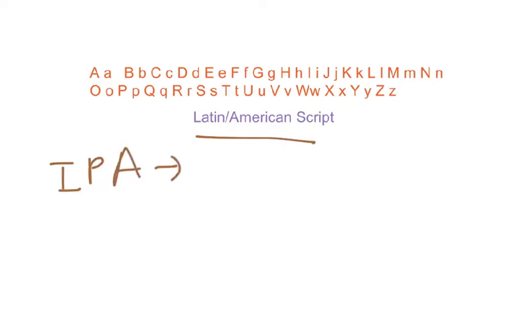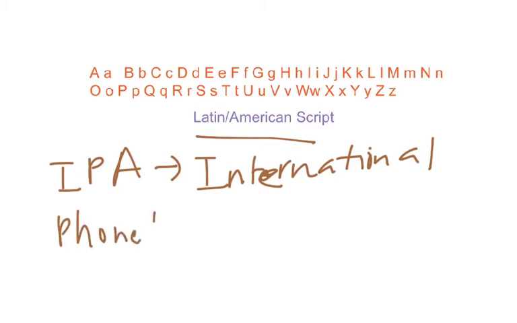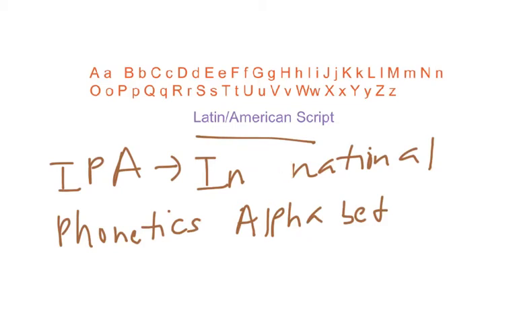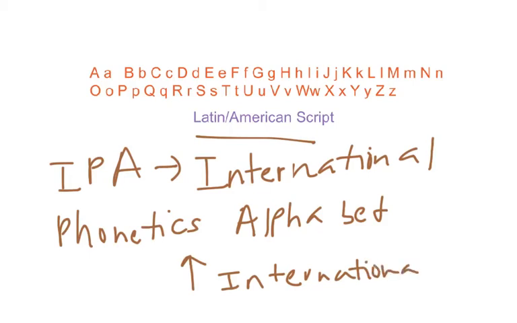IPA is abbreviated for International Phonetic Alphabet. The symbols in this alphabet were curated under the International Phonetic Alphabet, and the entire thing has been compiled by the International Phonetic Association.